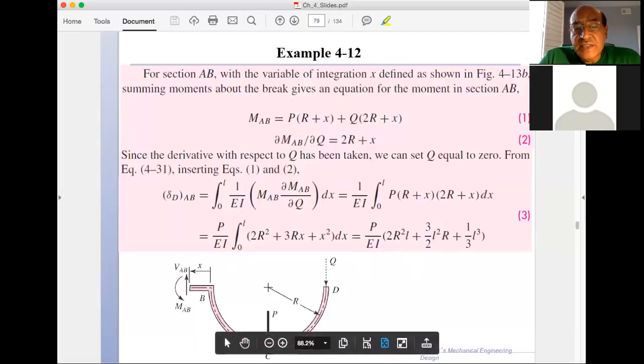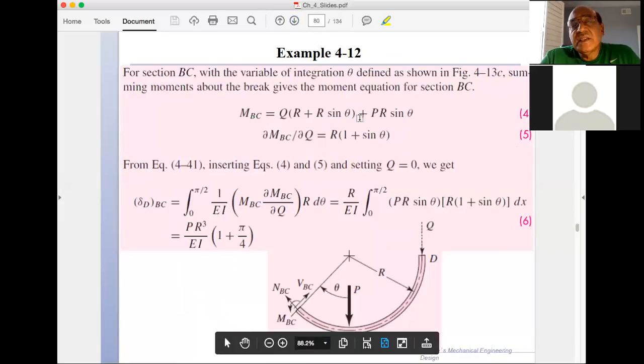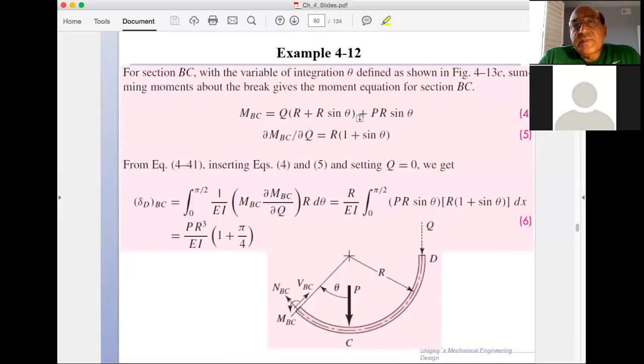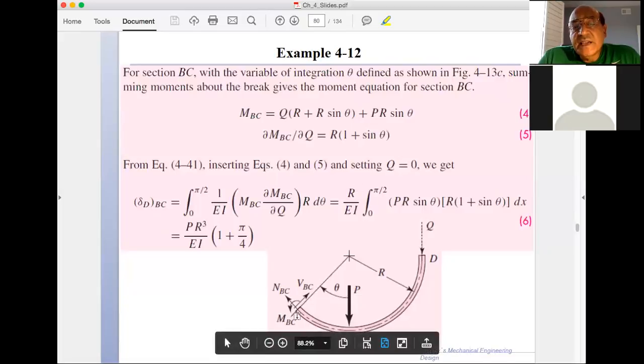For the curved section here, we have to start from the free body diagram. In the free body diagram, we should take a cut, and on the left side of the cut we equilibrate all of the forces and the moments on the right side.